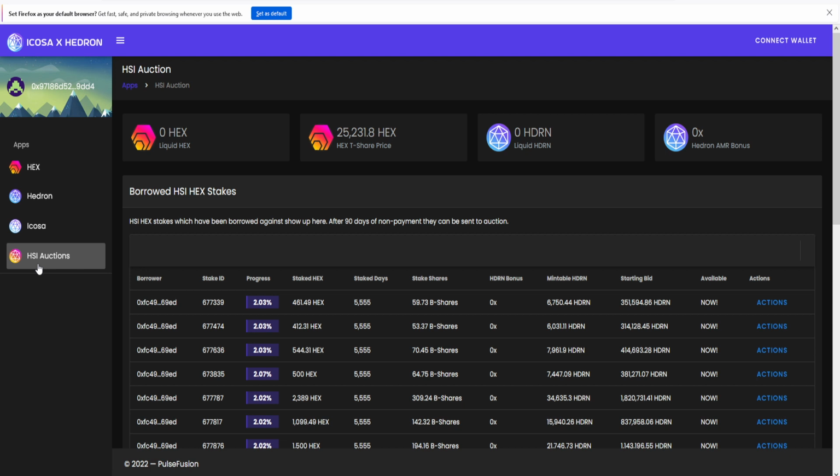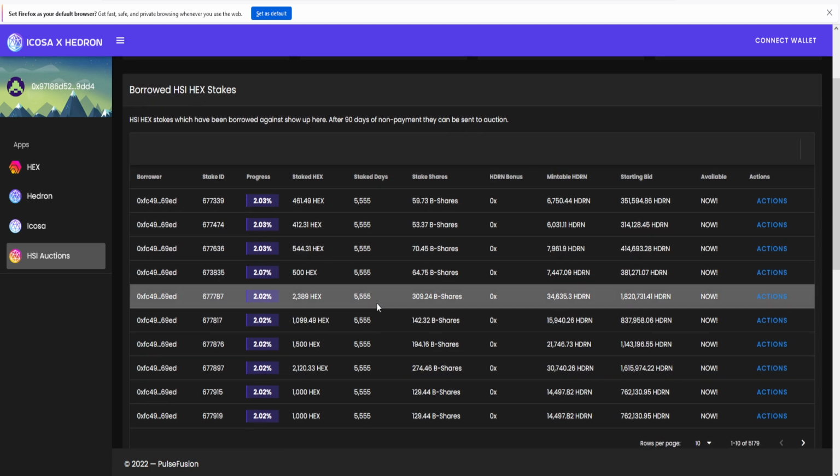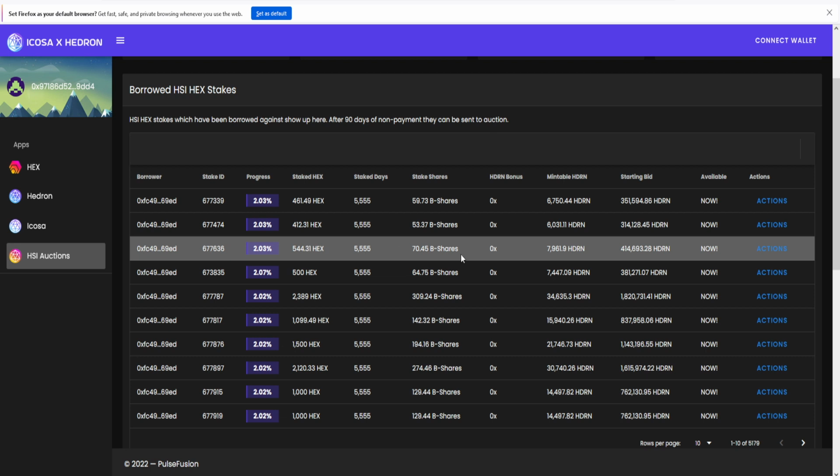So what happens next? How is the yield generated in the form of Icosa? When we sell our stake to the contract, after 3 months this contract goes to the auctions, and you, me, or someone else could bid for this stake with Hedron.